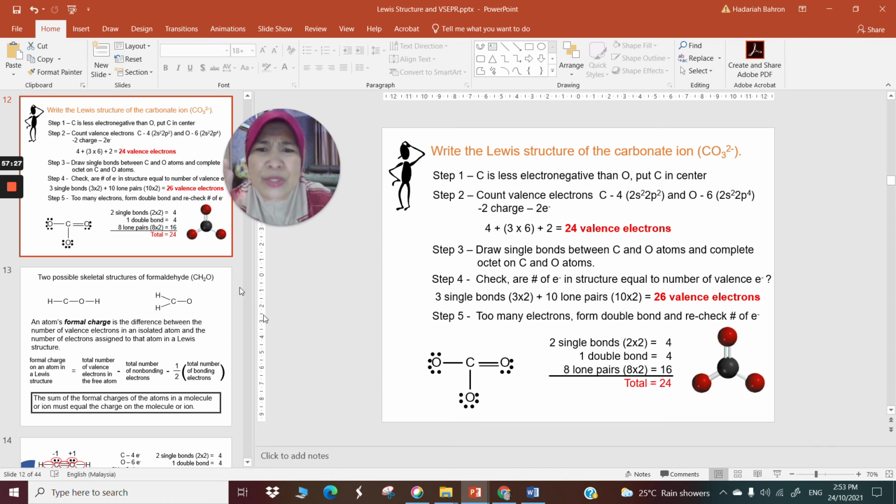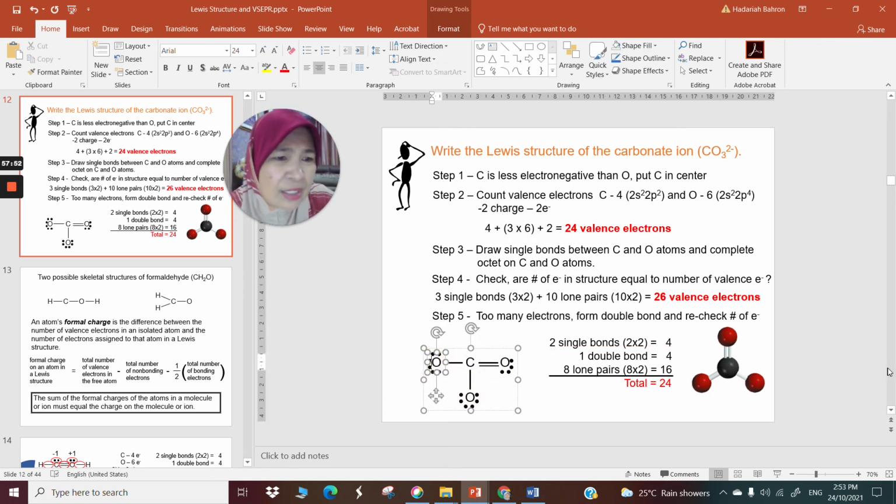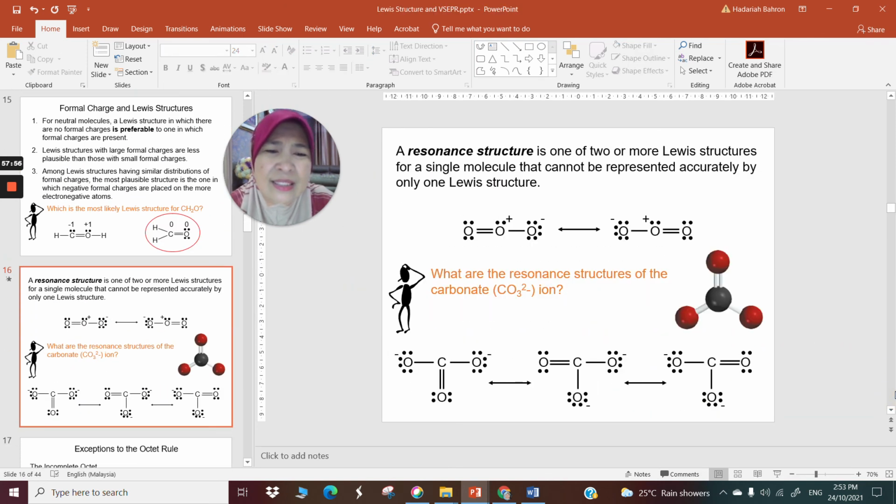But what is going to stop you from putting the double bond on the CO that is pointing downwards, or the CO that is pointing to the left? Those will be equally correct. You can put the double bond on the carbon-oxygen on the right, or the one at the bottom, or the one on the left. So the three possibilities are actually correct.